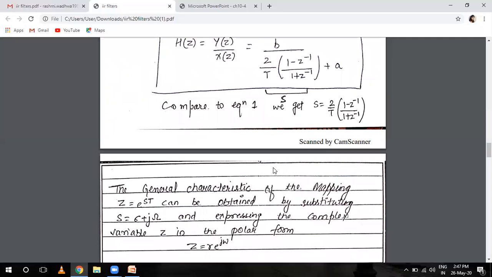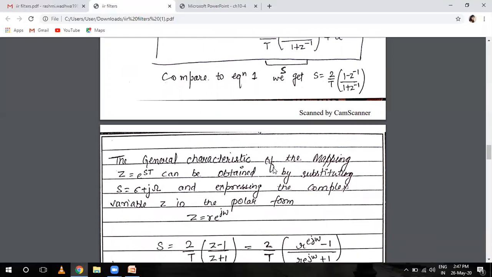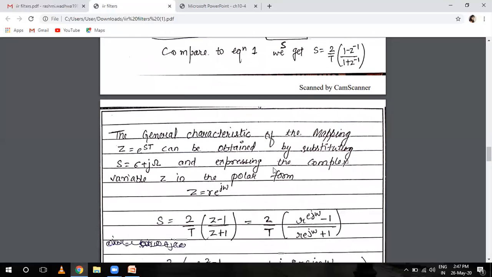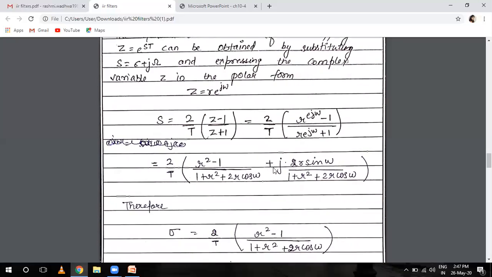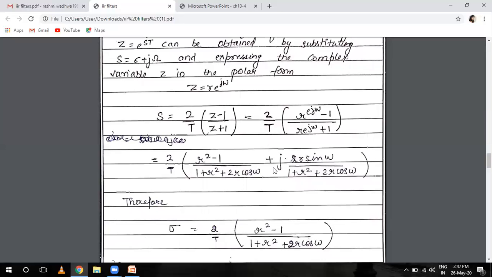The general characteristics of the mapping z equals e raised to the power sT can be obtained by substituting s equals sigma plus j omega and expressing the complex variable z in polar form, z equals r e^(j omega).